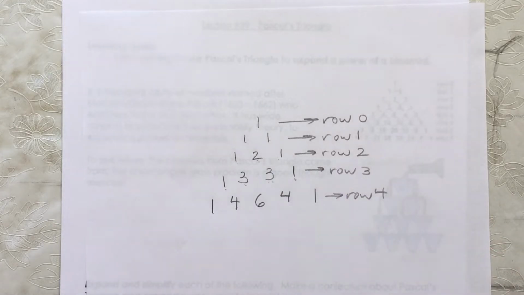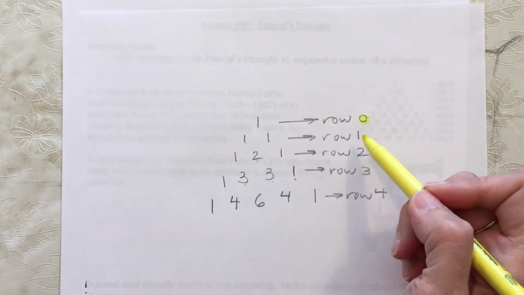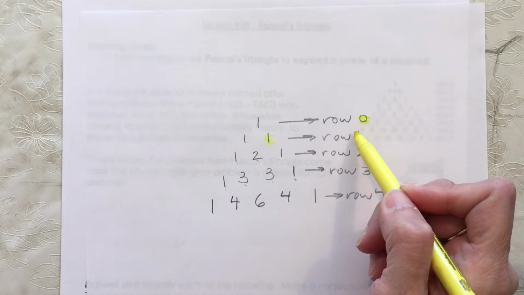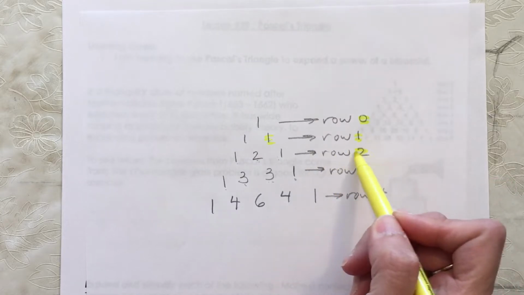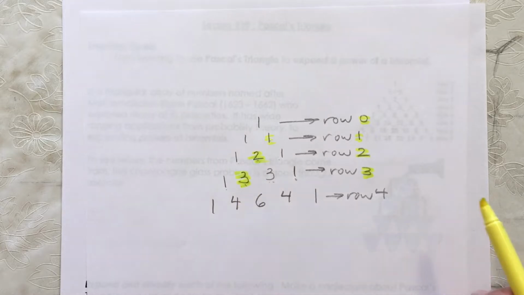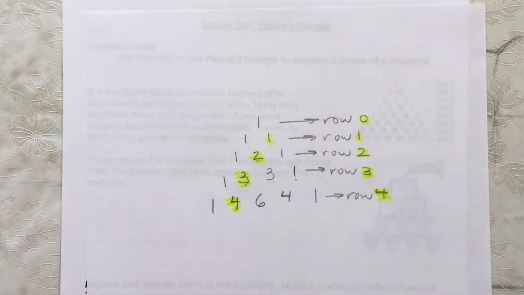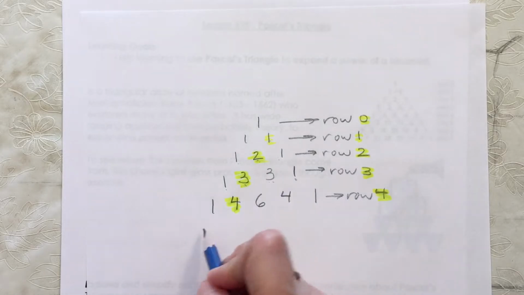So you can see that row 0 is just the top row. Row 1, the second number in is a 1. Row 2, the second number in is a 2. Row 3, the second number in is a 3. Row 4, the second number in is a 4. So we should expect that in row 5, the second number in will be a 5.